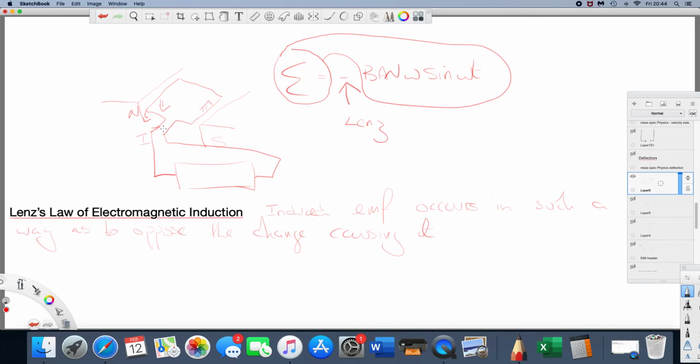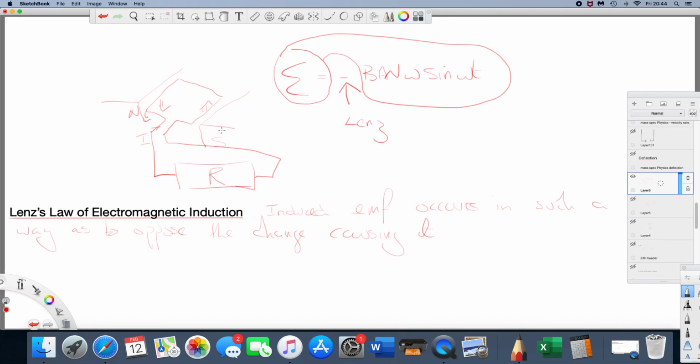In other words, the current must flow in such a way as to try to stop the coil from turning, which means, of course, in order to generate electricity, in order to induce a current, you must do work. Well, that makes sense. If I have connected this, let's now make this a resistor.